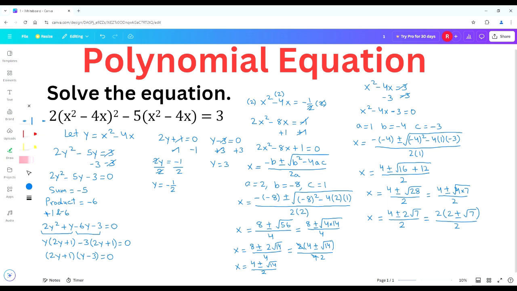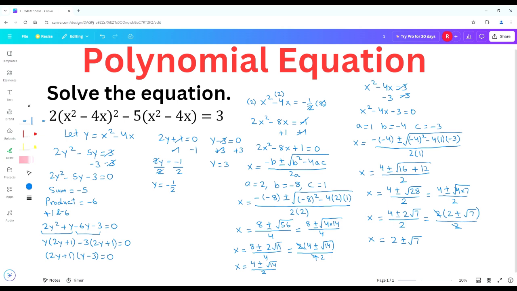Next, we can cancel out the 2 in the numerator and the denominator. So we get two values for x, 2 plus square root of 7 and 2 minus square root of 7. So these are the two solutions for the second y value, 3.